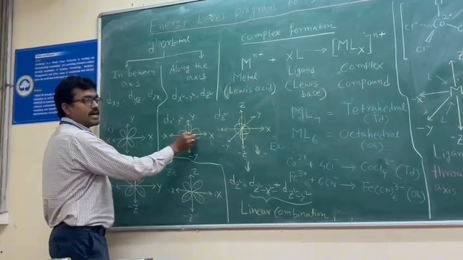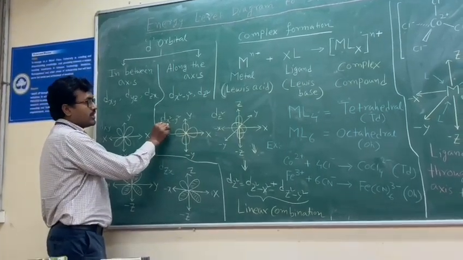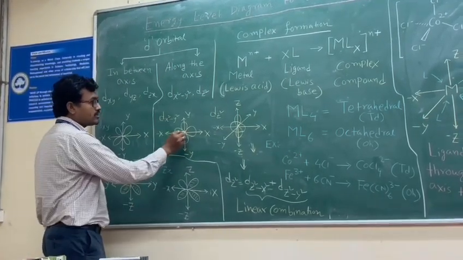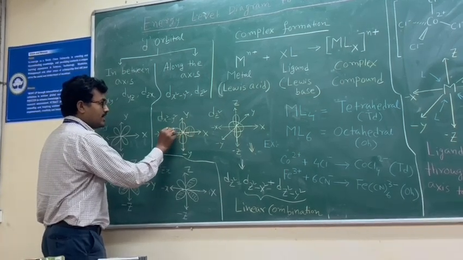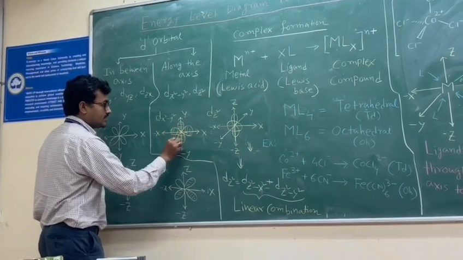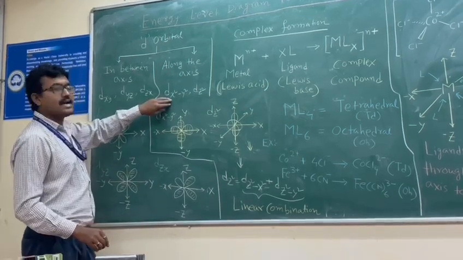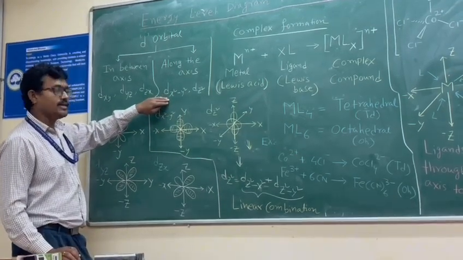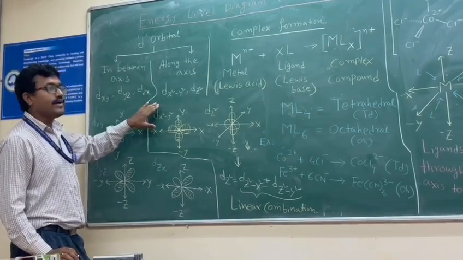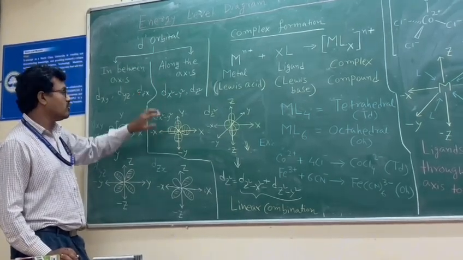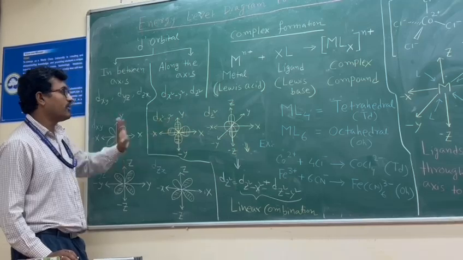It means the electrons present in dx square minus y square orbital are present along the x axis and along the y axis, right? So this orbital is oriented along the axis. If any electron is present in this orbital, it will be present along x axis and y axis.